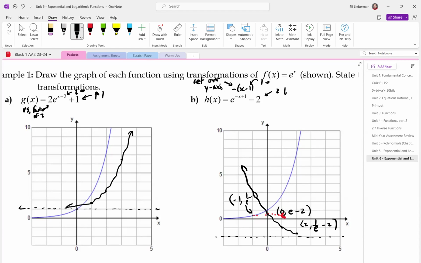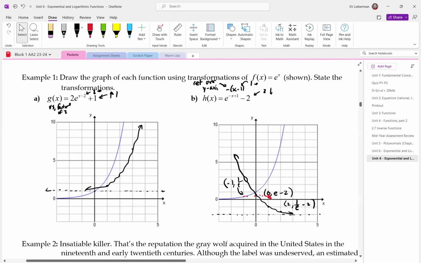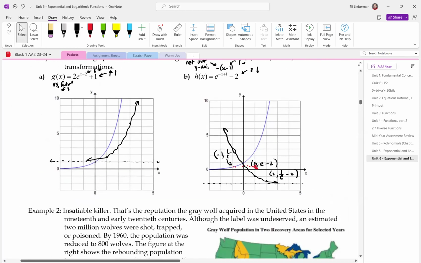Something like this. Did I do that right? Remember, if they're not forming an exponential curve, if it's forming like an N or a strange shape, please make sure you fix your mistake.